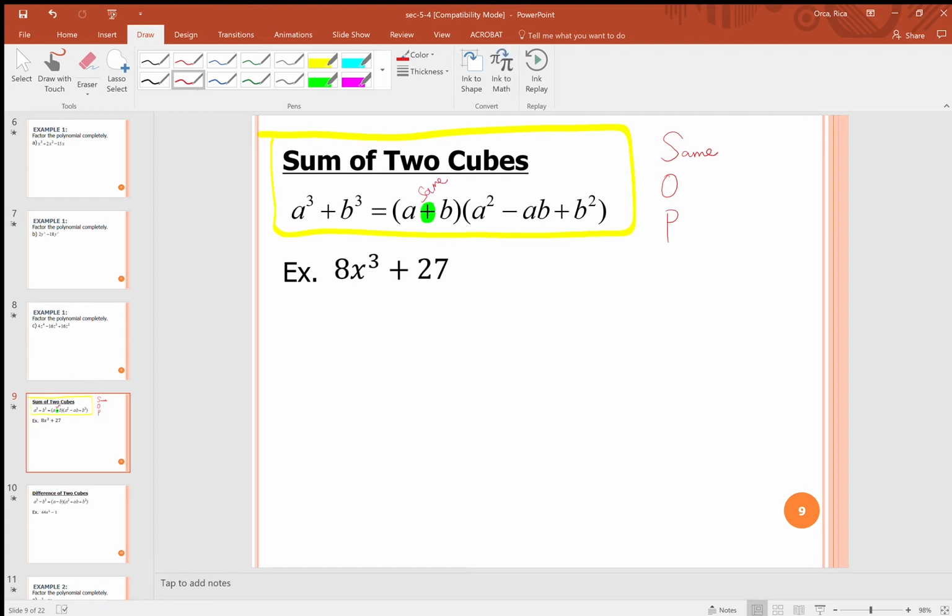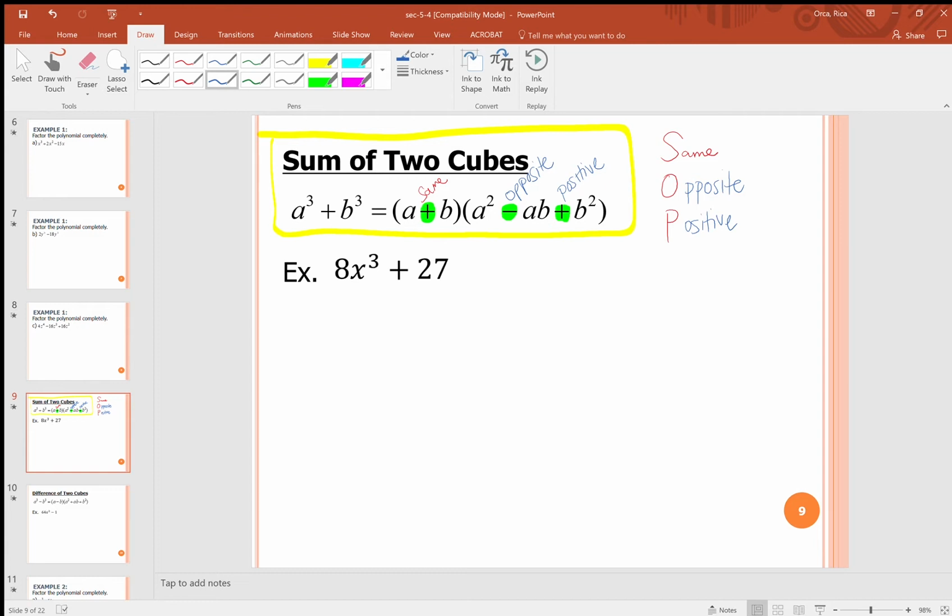And so in our binomial, the first sign is going to be the same as the problem. The next sign will be the opposite of the problem. And then the last sign will be positive. So once again, when you're remembering the signs, use the acronym SOP: same, opposite, positive.